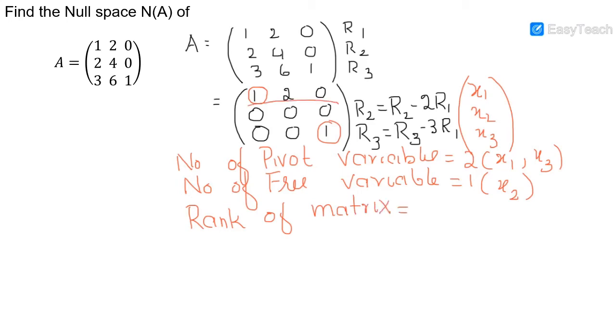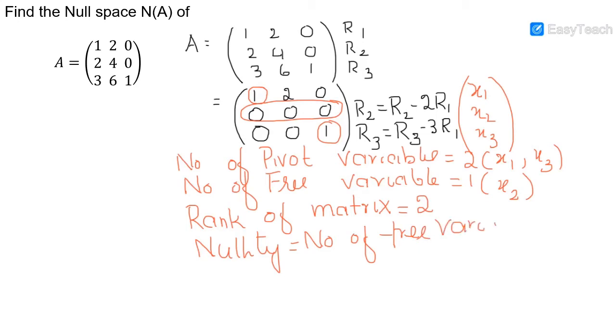here you can see that this row is redundant. So we are left with only 2 rows. So therefore the rank of this matrix is 2. Nullity is equal to the number of free variables, in this case it is 1.